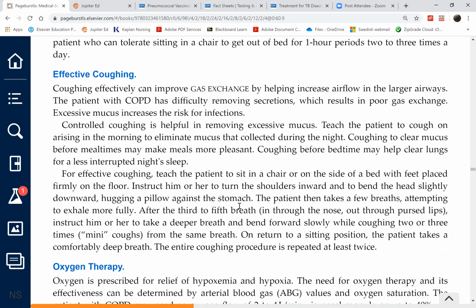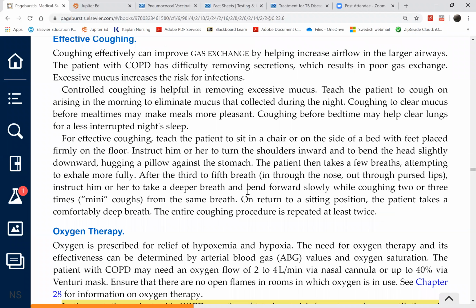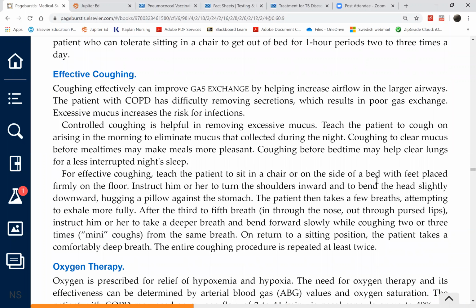All right, so that's here, hugging a pillow against the stomach, then bending forward to kind of push and use your abdominal muscles, okay, and support it as you cough. And you did this, right? You still did like 3 times. Yeah, if you remember the technique. Because again, this is not different from what you learned in fundamentals of nursing.